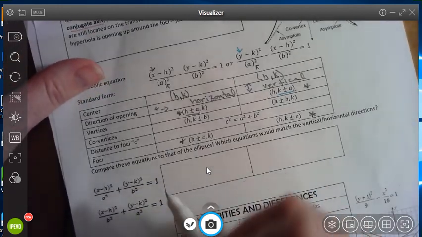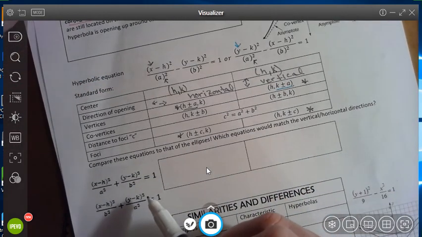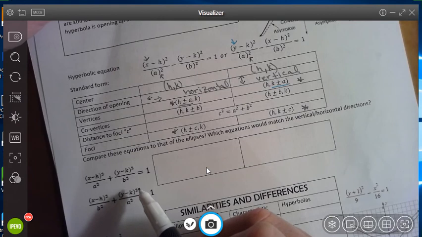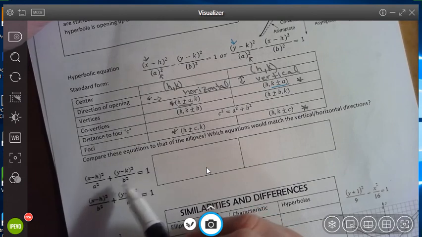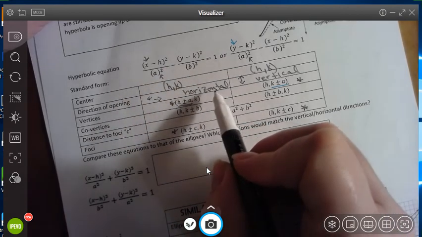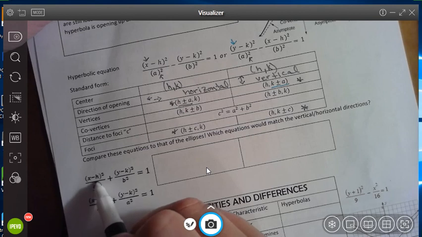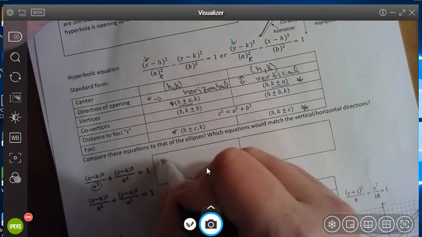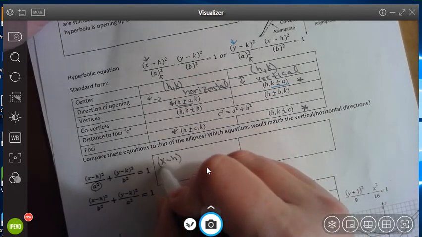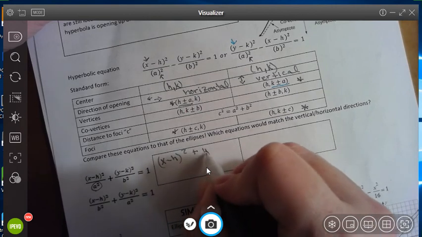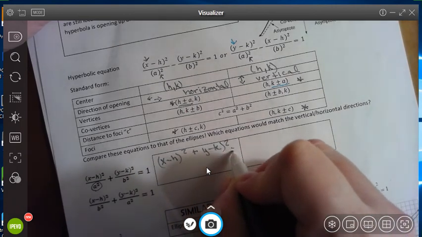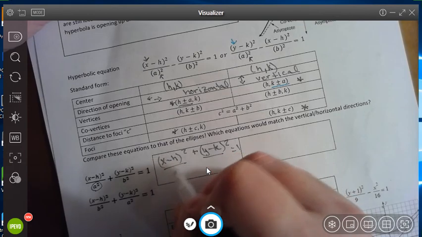Okay? So, let's compare the ellipses. Here are the two equations for ellipses, and when we're comparing them, we're going to notice that for one to be horizontal, the horizontal is going to be the one with the a on it. So that's the first one: (x minus h) squared over a squared plus (y minus k) squared over b squared equals 1.